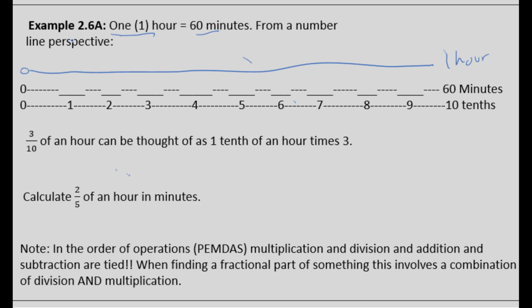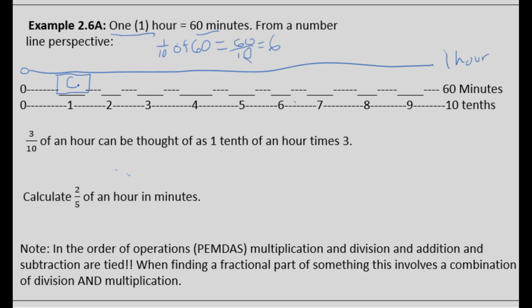So how would I find 1/10 of an hour? Well, 1/10 of 60 minutes is the same as 60 divided by 10, which is 6 minutes.